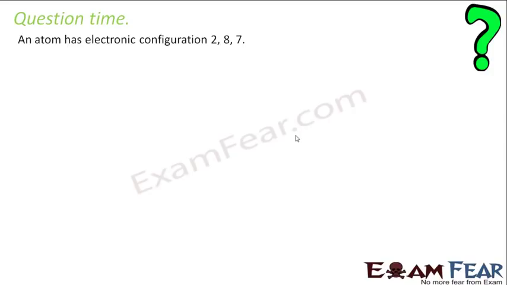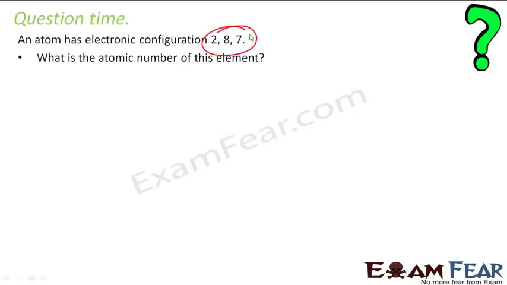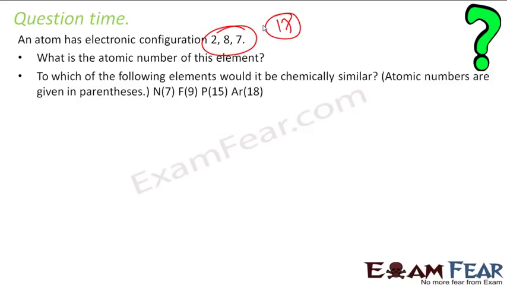An atom has the electronic configuration of 2, 8, 7. What is the atomic number? You add all these values, so you get 17. So 17 is my atomic number. To which of the following elements would it be chemically similar? The first one is N 7, so this becomes 2, 5. For this, the electronic configuration will be 2, 7.